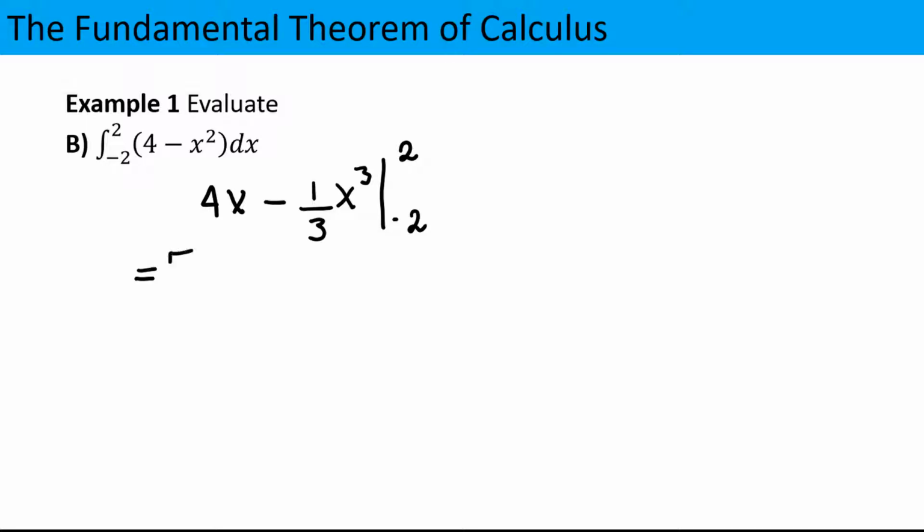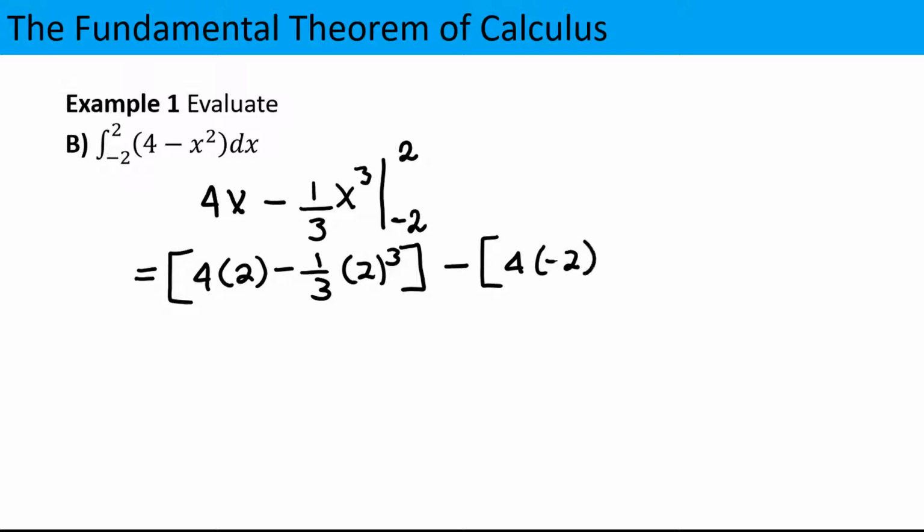Let's first substitute. So I'll begin with 4 times 2 minus 1/3 2 cubed, minus, then let's do this for the -2. So 4 times -2 minus 1/3 times -2 cubed. 4 times 2 is 8.